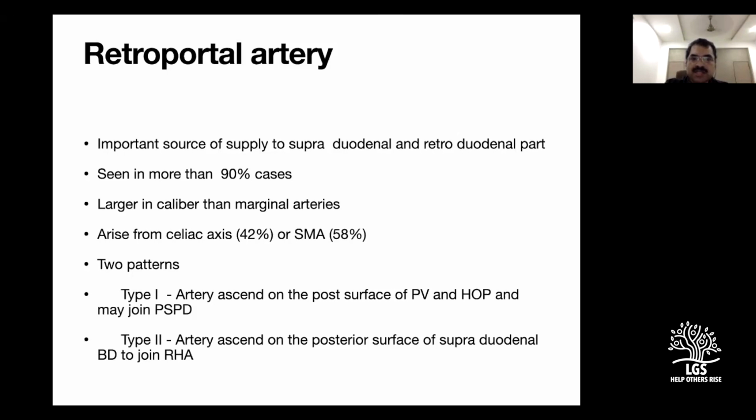Type 2, it ascends on the posterior surface of the supraduodenal bile duct and joins the right hepatic artery. So what does it indicate? There is communication between vessels from below and vessels in the hilum. Whenever there is injury or ligation of the hepatic artery, the supply of the liver hilum may be maintained because of these communications.